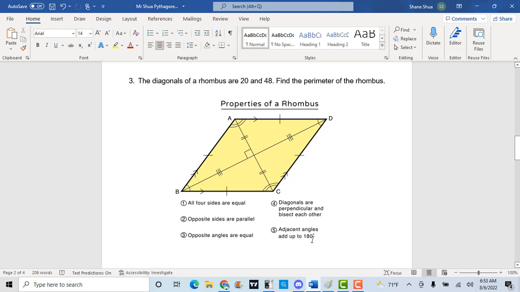Also, adjacent angles add up to 180 degrees, which means this angle plus this angle is 180, and so on for each adjacent pair. So these properties are going to be necessary, not all of them, but these properties are going to be necessary for us to figure out what our next question is. So it says, the diagonals of a rhombus are 20 and 48. Find the perimeter of the rhombus.